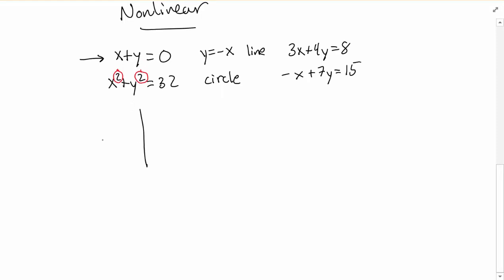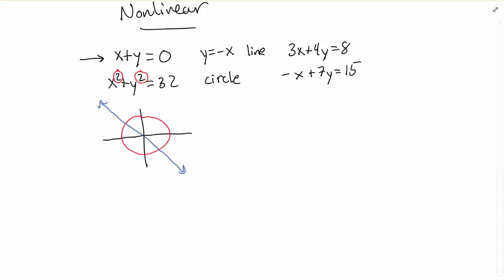So if I draw myself a little picture here, that circle, x squared plus y squared is equal to 32, is centered at 0, and it's got a radius of square root of 32, which is somewhere between 5 and 6. 5 squared is 25 and 6 squared is 36. Not the best circle I've drawn, but we'll go with it. And then the line, y is equal to -x, intercept 0, slope -1.